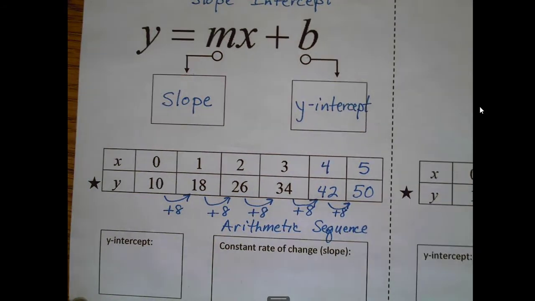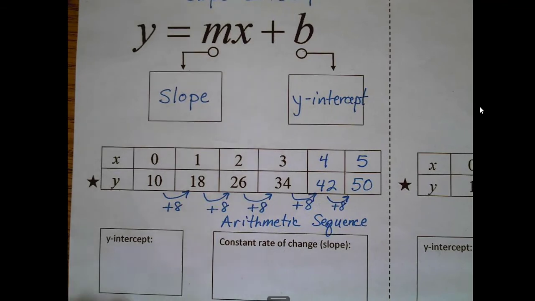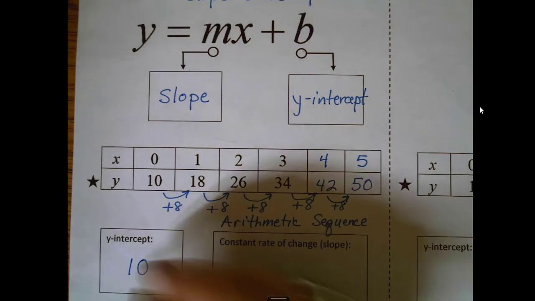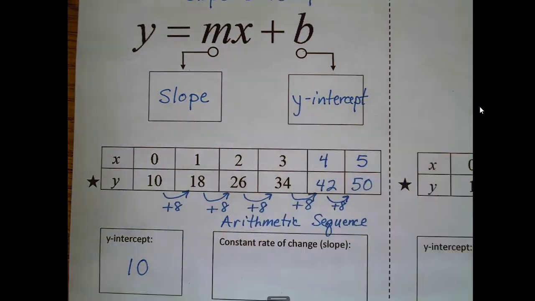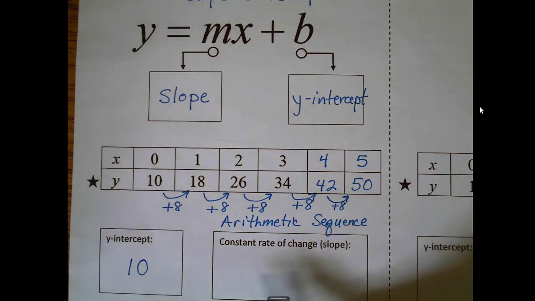So two things that we need to know is the y-intercept and our slope. So our y-intercept is pretty easy to find. That's when x is 0. So when x is 0, y is 10. And you can see that's that first data point in our table. Now to get the slope, it's that constant rate of change.